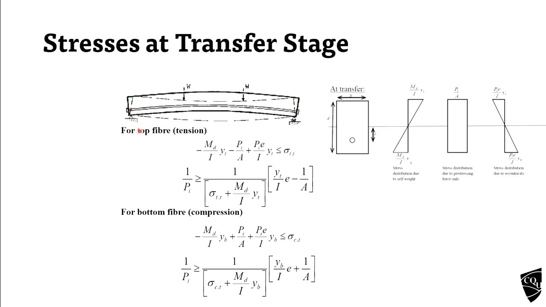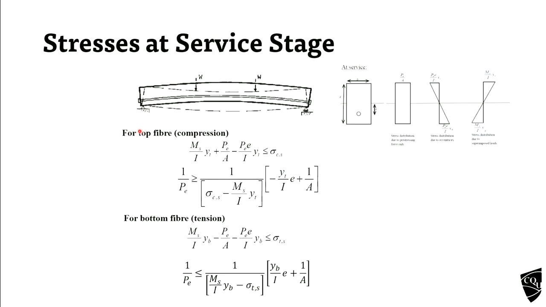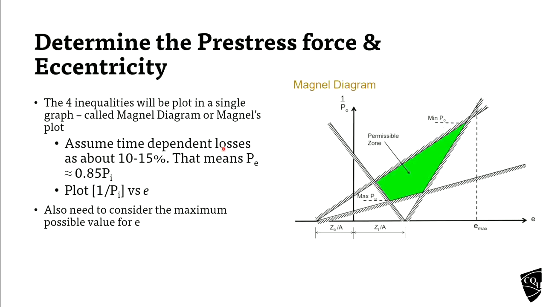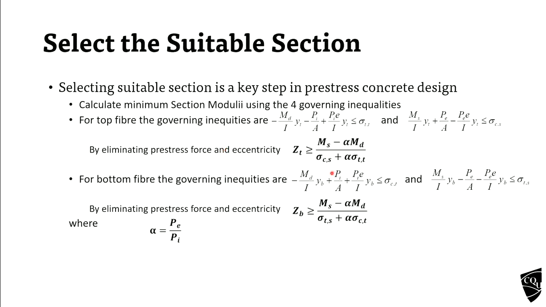Similarly we have another one for the top fiber under the service stage. I use these two together. This is for the transfer, this is for service. I think I explained this one.